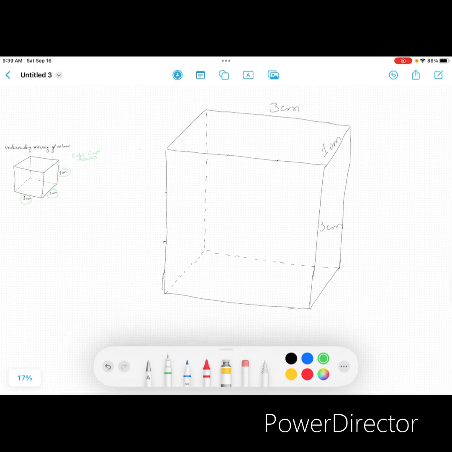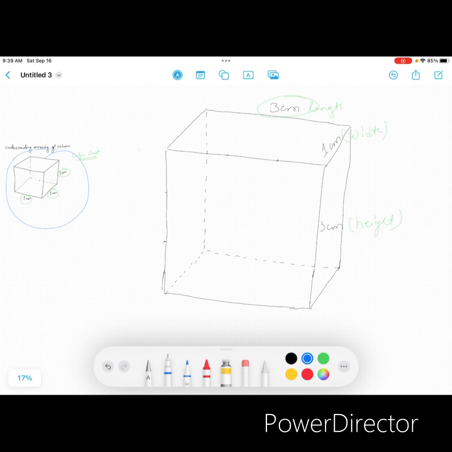So let's take another example. Say there is a box which is 3 centimeter in length, 1 centimeter in width, and 3 centimeter in height. Now, how many of this cube can we fit in?